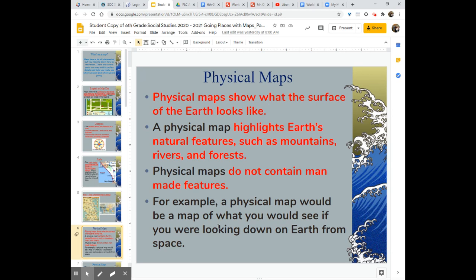They have things on there like the rivers and the mountains, oceans, lakes, things of that nature. They don't contain things like country lines and colors of things or cities and stuff like that. They are here to give you an idea of what the Earth would look like if you were looking at it down from space.